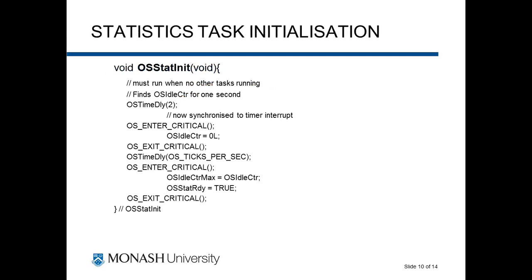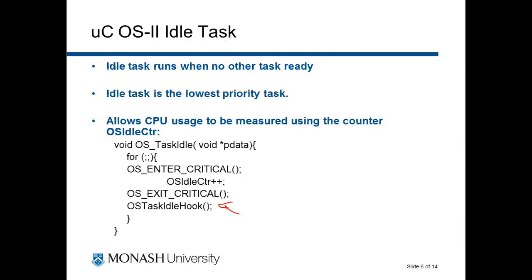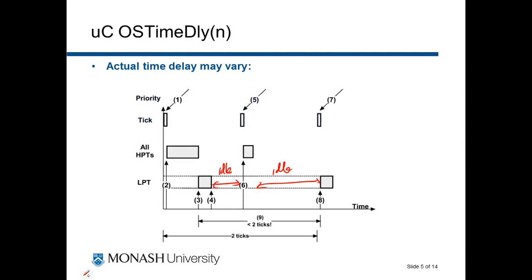So, looking at the code for this function, the first thing we do is run OS time delay 2, and this allows us to synchronize to the timer interrupt. From the diagram I showed you earlier, you should be happy with this. What's happening is, at some point, some high priority task calls OS init.